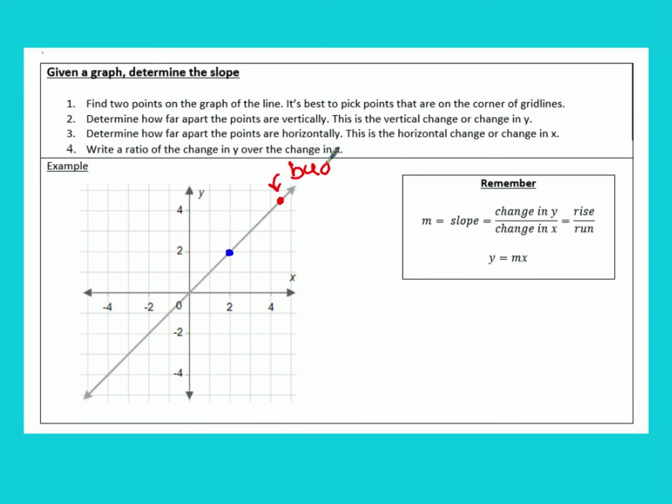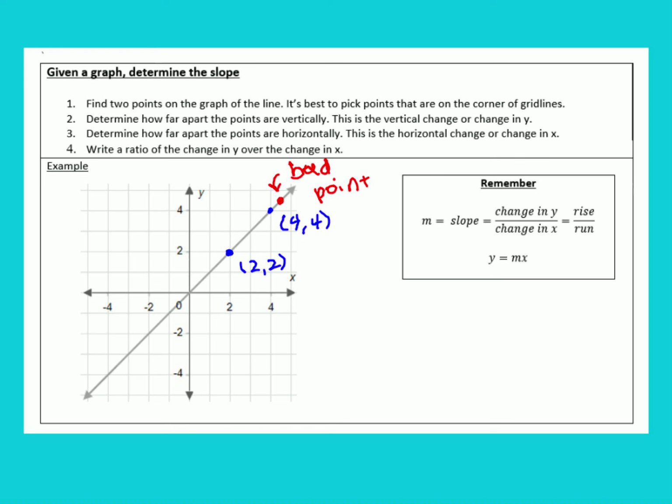So I'm just going to label this as a bad point to choose, just so you can remember to pick one of those nice corner grid line points. So I picked the point 2, 2, and another good point to pick might be right here at 4, 4, because those are definite whole number points that we're able to see very clearly are on this graph.